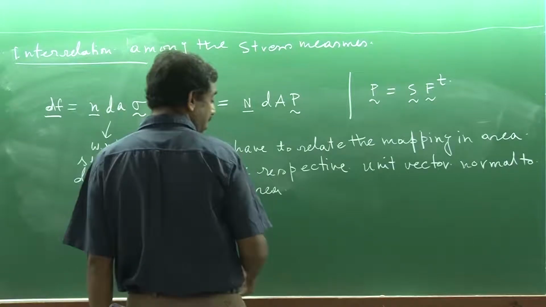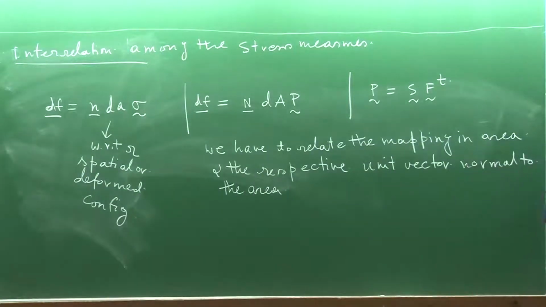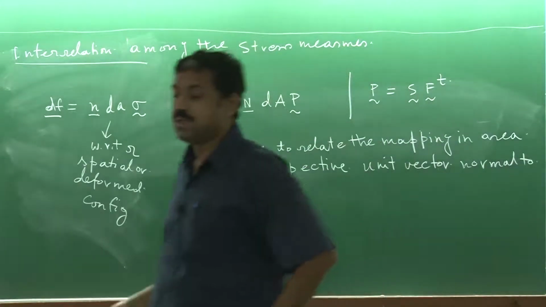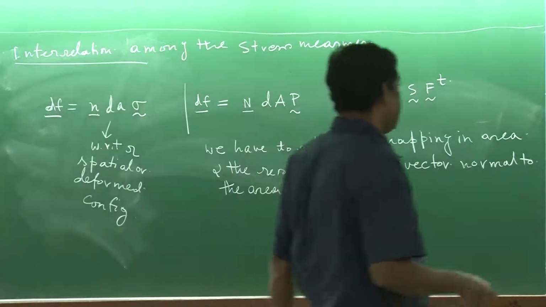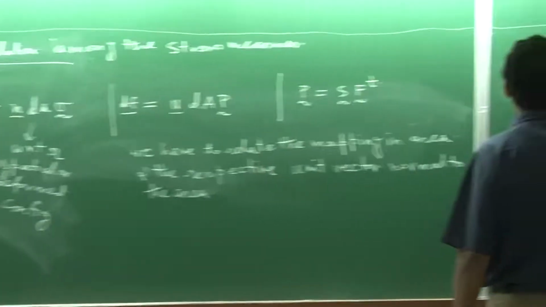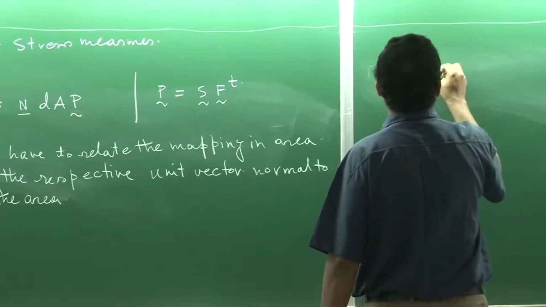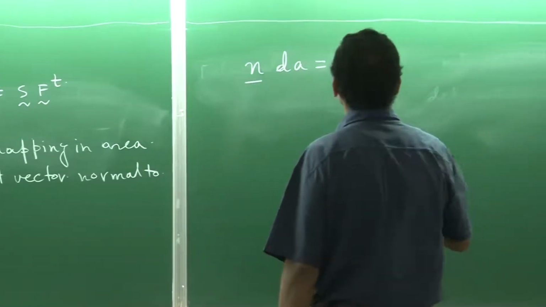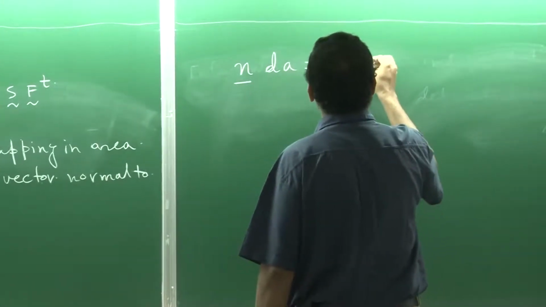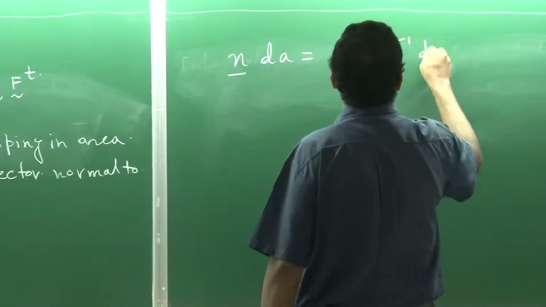If you can recall, we have related that. How is the area related, along with the unit normals? n bar dA was nothing but n bar J inverse, capital dA.